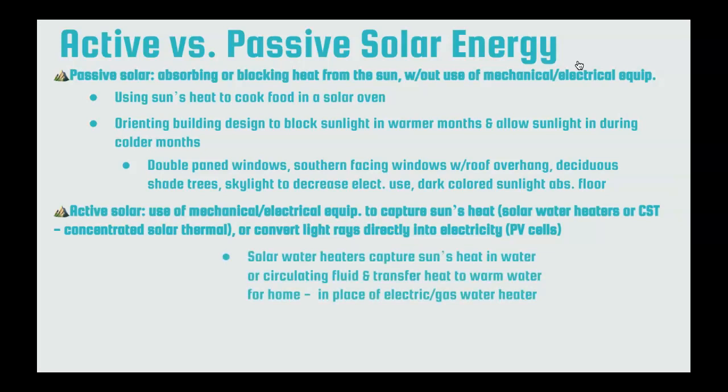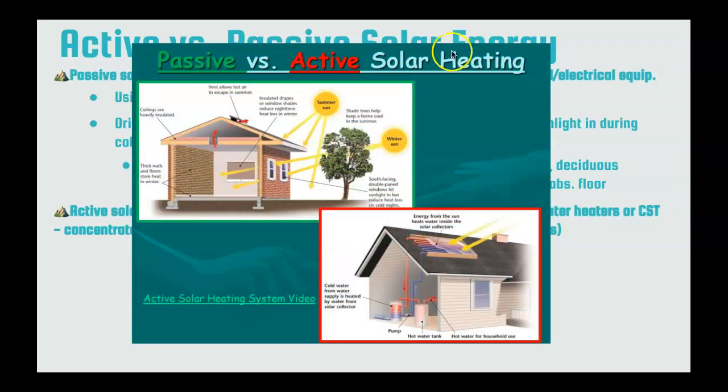A solar water heater is going to capture, and here's a picture of this solar water heater, there's a liquid in this panel on the roof, and the sun's energy is going to absorb into that water, and you're going to use that water to heat your hot water. So a household hot water heater could be used from this active solar heating on the roof.